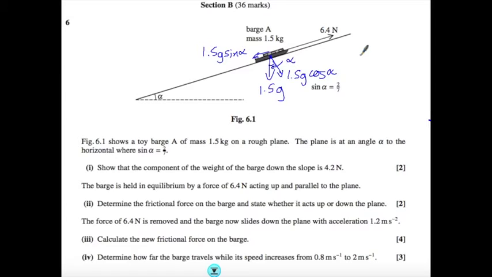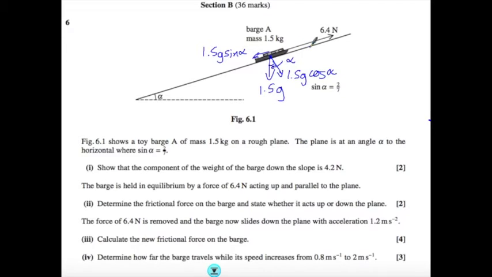Right, the barge is held in equilibrium by a force of 6.4 newtons acting up and parallel to the plane. So we can assume it's going to go down the plane if it didn't have that. Determine the frictional force on the barge and state whether it acts up or down the plane. Well, if it's held in equilibrium, we know there's 4.2 pulling down the slope by the weight and 6.4 acting up.